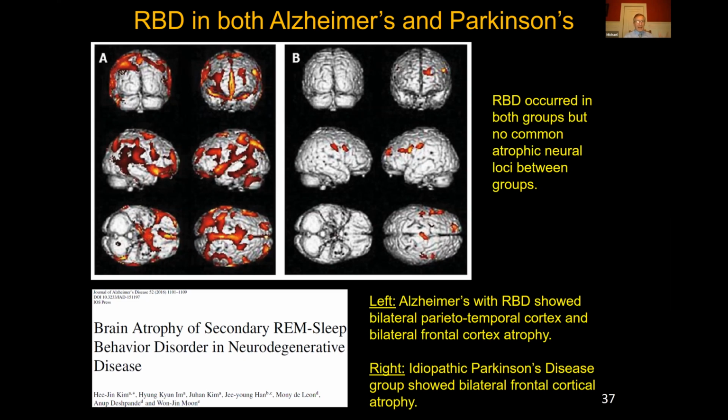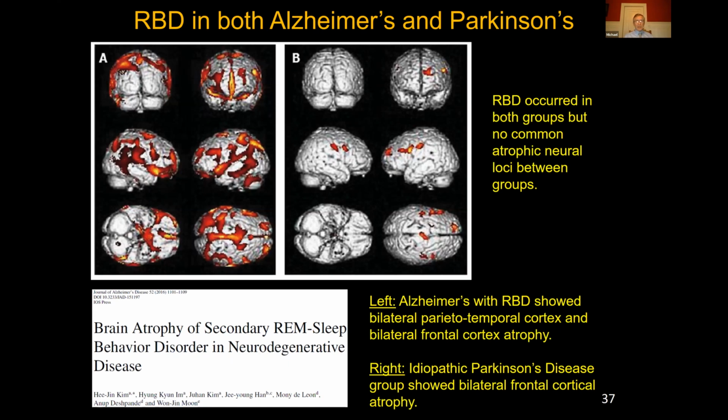Everything that's red and yellow represents a reduction in brain density in white and gray matter in Alzheimer's compared to normals. And on the right side, B, these are the Parkinsonian patients. As you can see, there's a huge difference in the level of atrophy, at least across the cortical area, between the Alzheimer's and the Parkinson's patients.